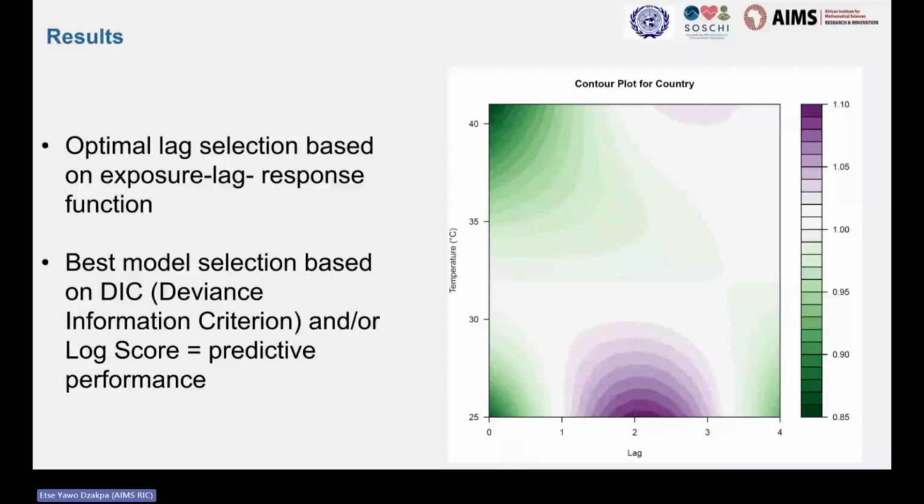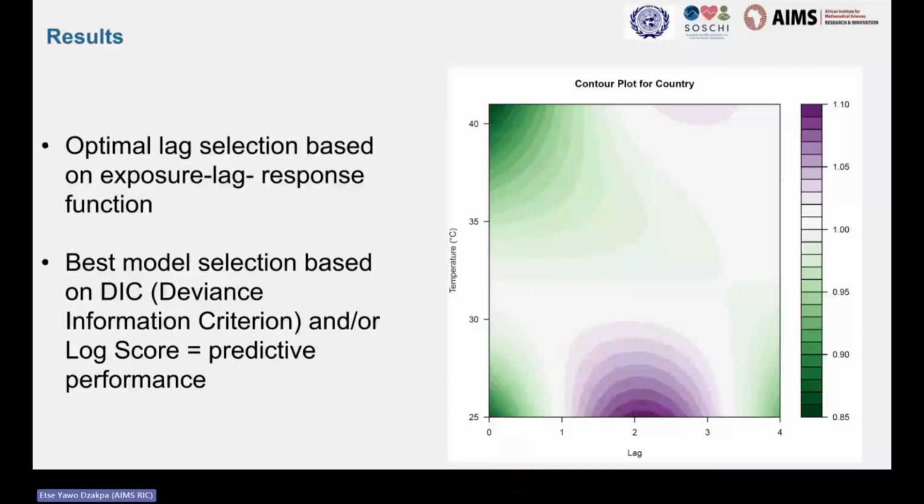Here we have the exposure lag function showing the relative risk. When we have a high relative risk, that indicates the number of lags that we need to include in the model. And here we can observe a high risk between 2 and 3 months.